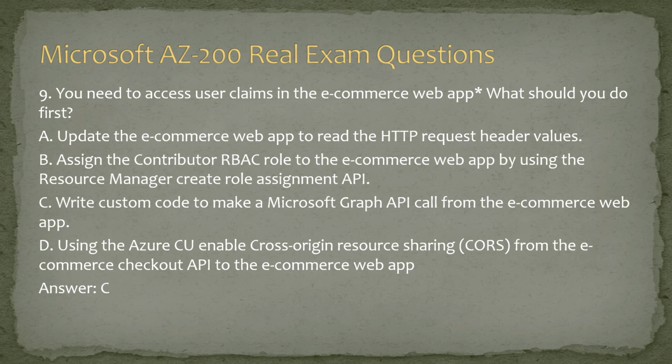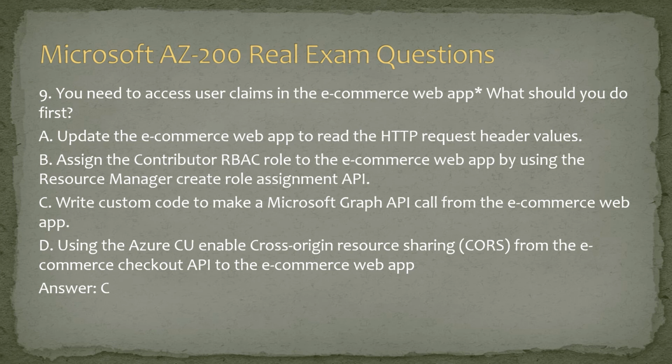9. You need to access user claims in the e-commerce web app. What should you do first? A. Update the e-commerce web app to read the HTTP request header values. B. Assign the Contributor RBAC role to the e-commerce web app by using the Resource Manager Create Role Assignment API.